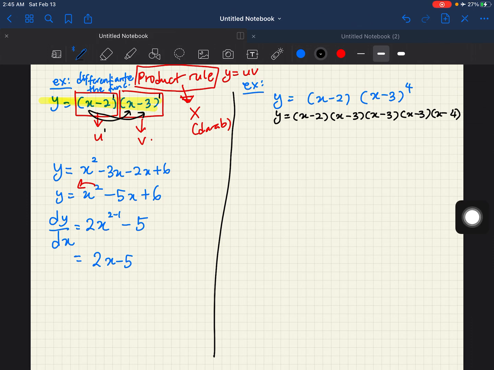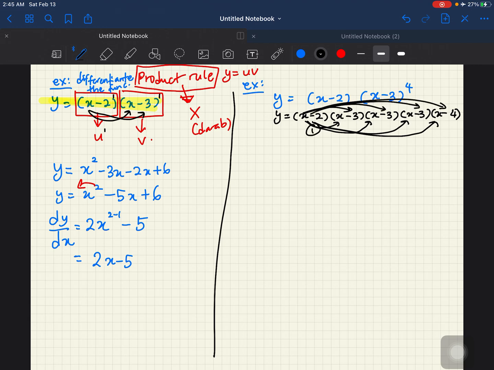Yes, it's still possible, but we require a lot of time to expand one by one. Ini baru the first bracket. Untuk yang second, third and fourth bracket dah jadi semakin susah.